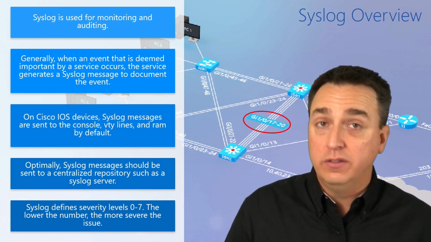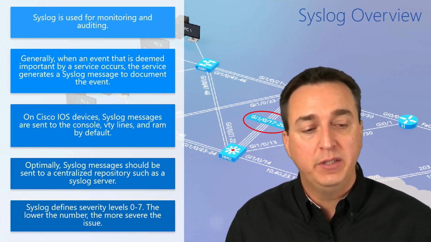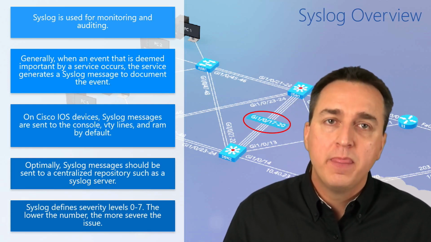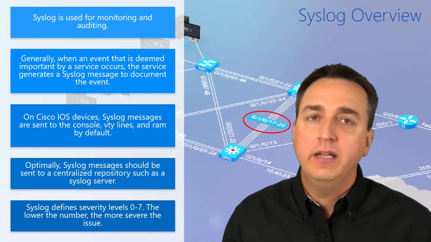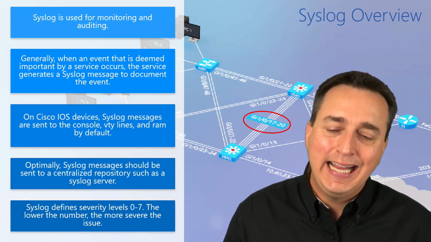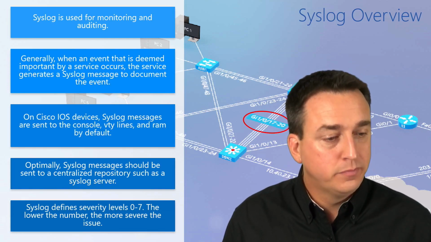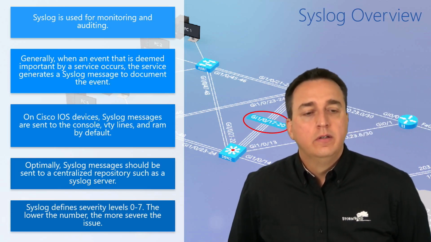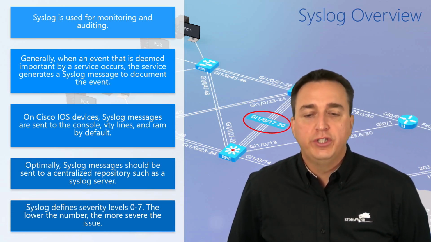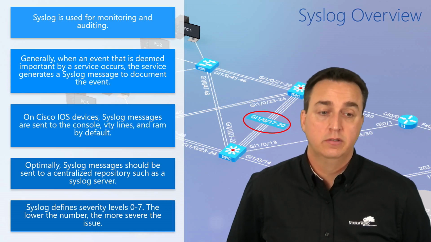And so, when our device experiences an event, a syslog message is going to be generated to document that particular event. And as Ken said, these syslog messages can feed our SIEM platform, which is used for monitoring, managing, maintaining our devices, our infrastructure.